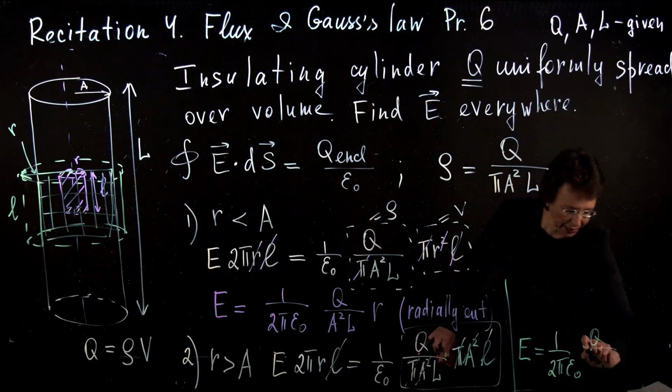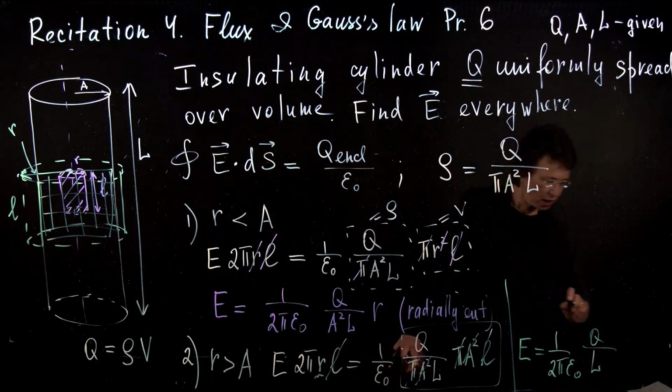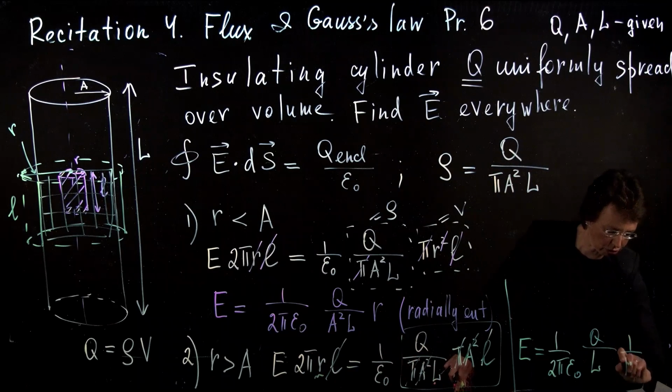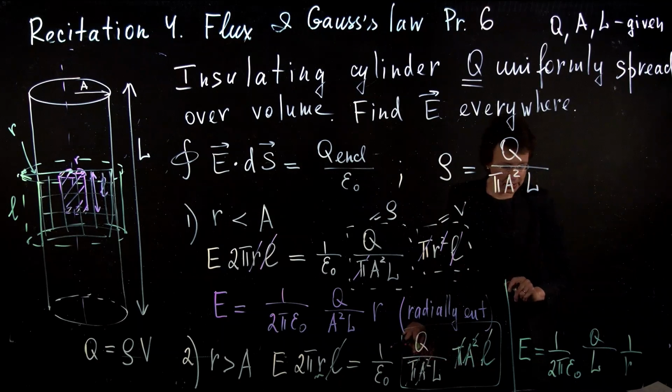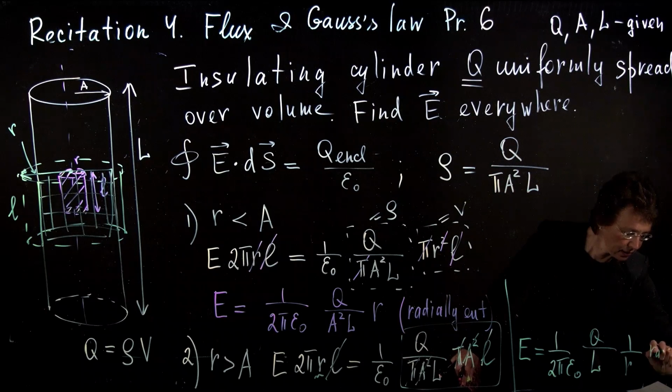Q divided by L. And then I have this 1 over r dependence for the electric field outside of the cylinder. And it is radially out.